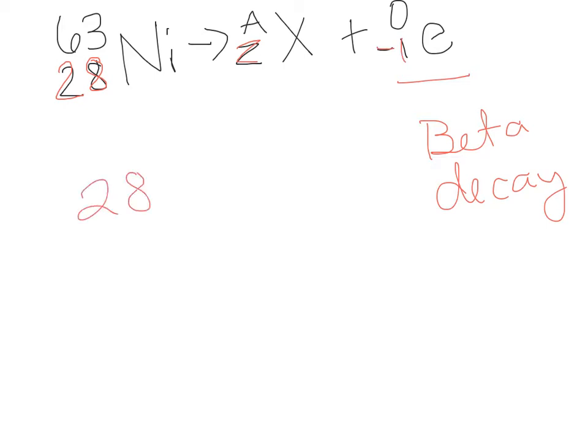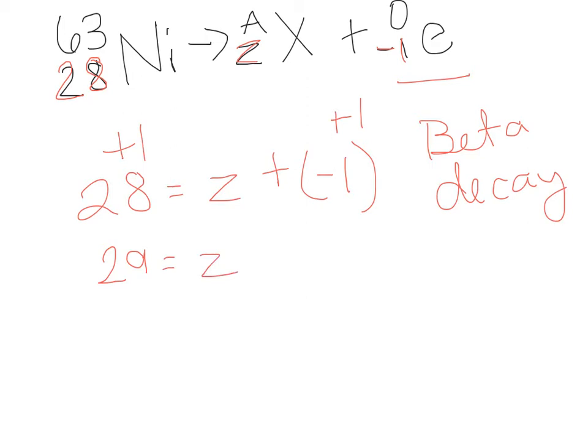So 28 equals Z plus -1. What do we do to get rid of this -1? You can add 1 to both sides, yeah. So 29 equals Z.